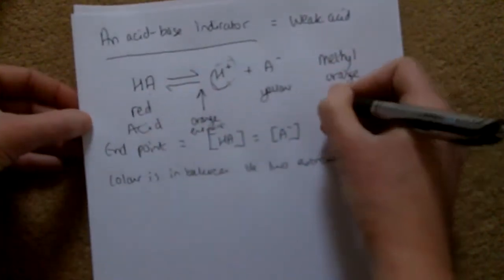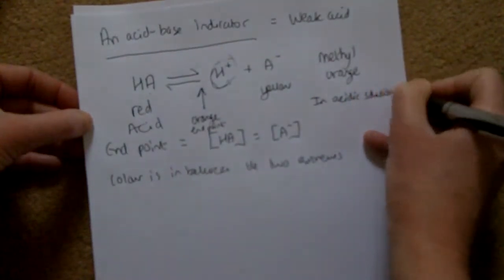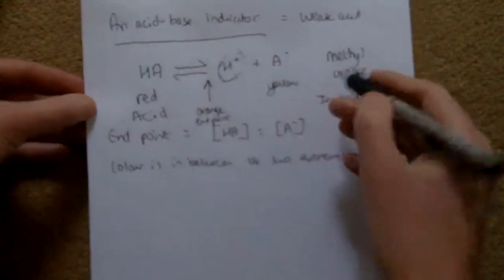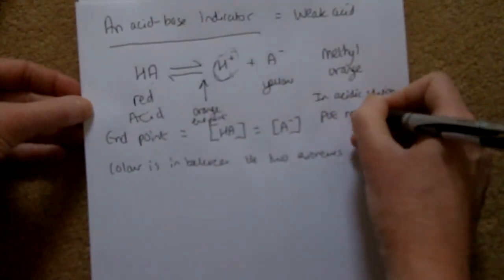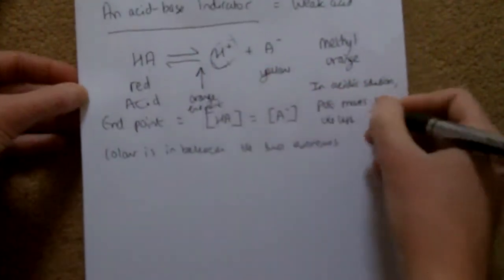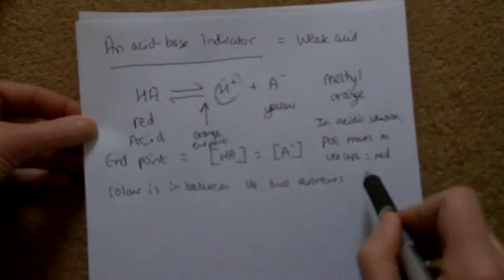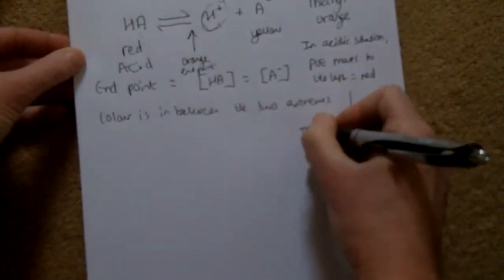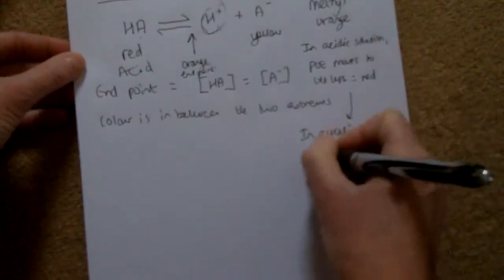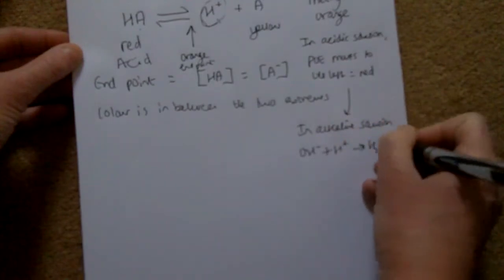So in acidic solution, when there's acid there, by Le Chatelier's principle the position of equilibrium moves to the left, and the indicator will be red. In alkaline solution, the alkali will react with the H plus to form water.